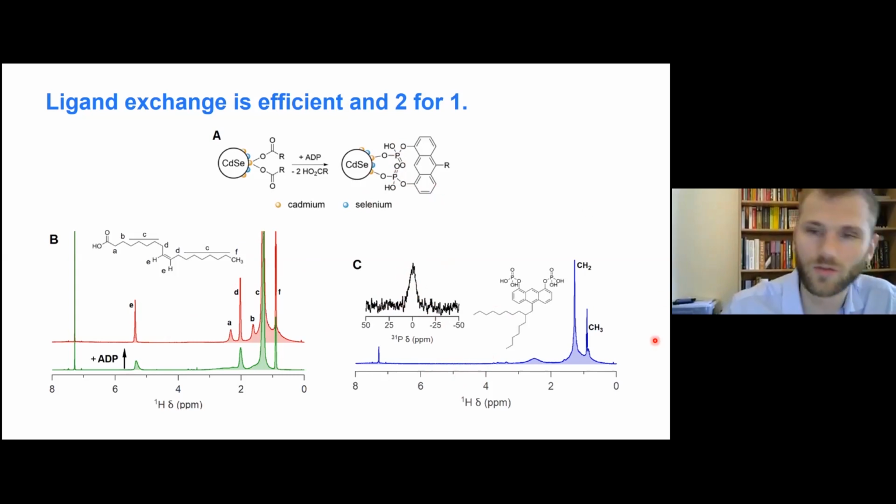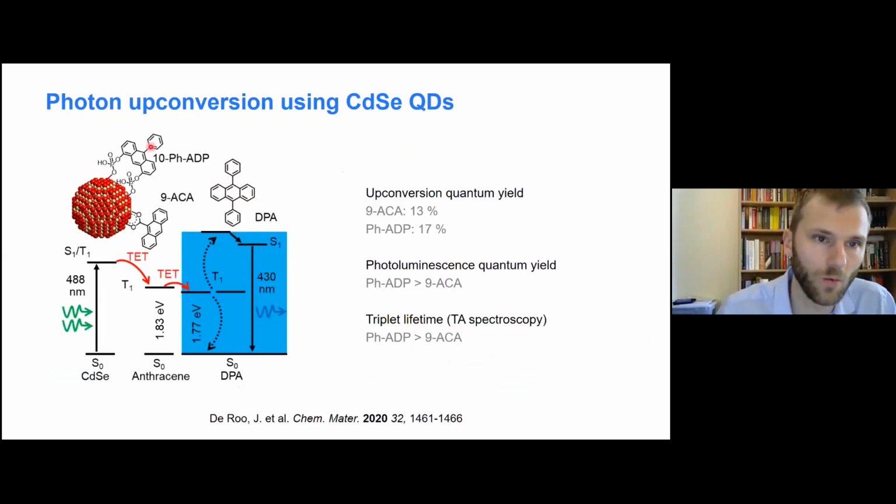And these are very curious looking ligands, these anthracene ligands, but they're actually useful in upconversion. And the one with the phenyl is actually the best ligand for that. So here we combined our new ligand with quantum-dot-like nanocrystals to create 430 nanometer photons from 488 nanometer photons.